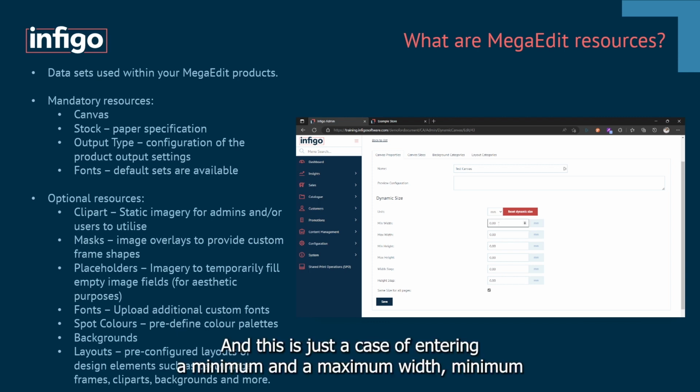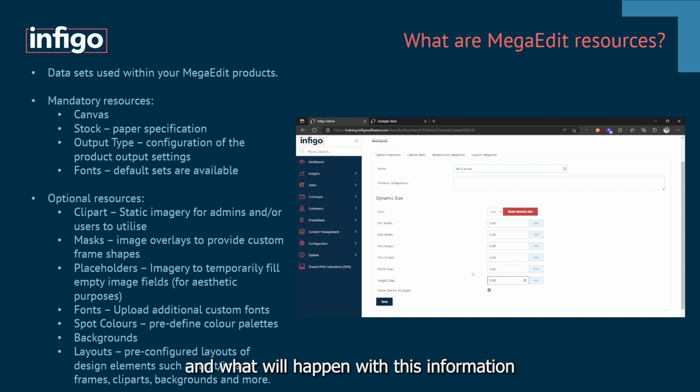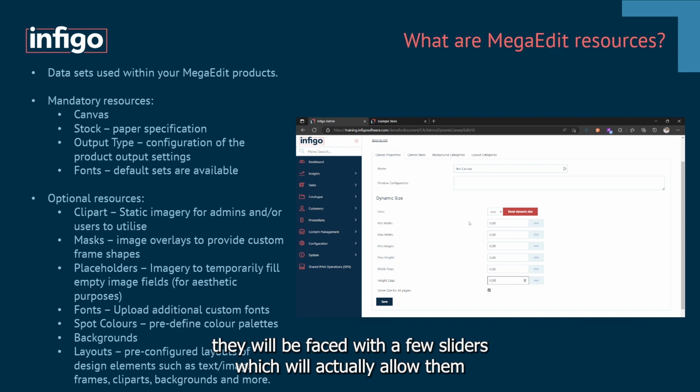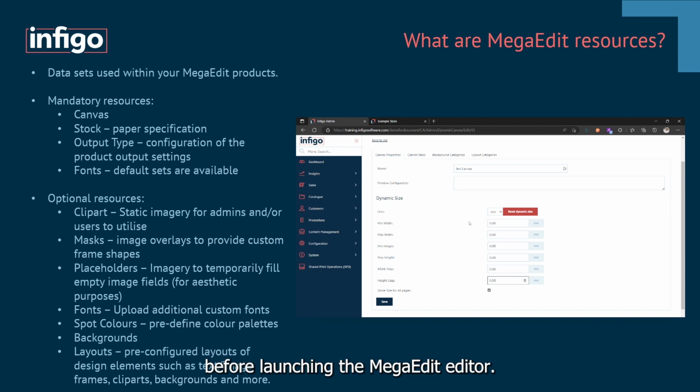And this is just a case of entering a minimum and a maximum width, minimum and a maximum height, and then the steps between those. And what will happen with this information is that when the customer goes on the product landing page, they will be faced with a few sliders, which will actually allow them to pre-select the size of the canvas they want before launching the MegaEdit editor.